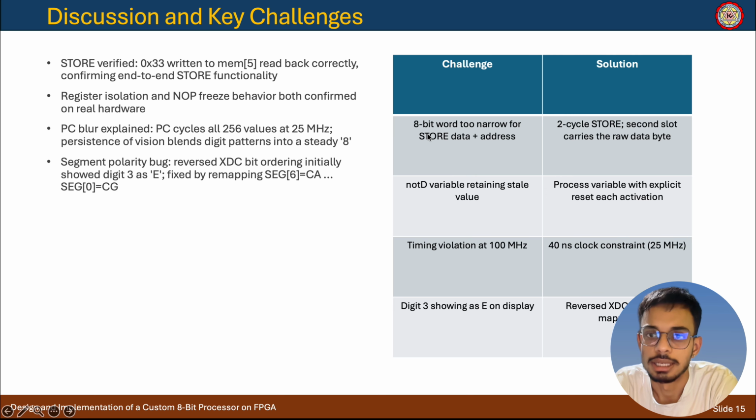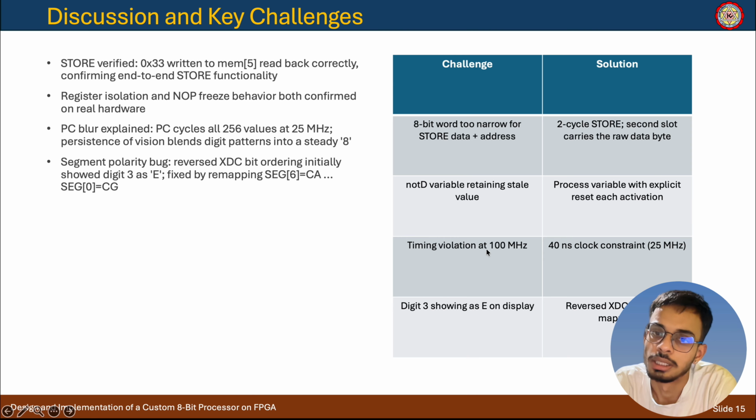There was a challenge in storing 8-bit data. The store operation involves a 16-bit memory operation, so we cannot do it in one cycle. Other operations are done in one cycle, so the store is divided into 2 cycles. Reset was not working on the FPGA board, so we used process variables with an explicit reset on each activation.